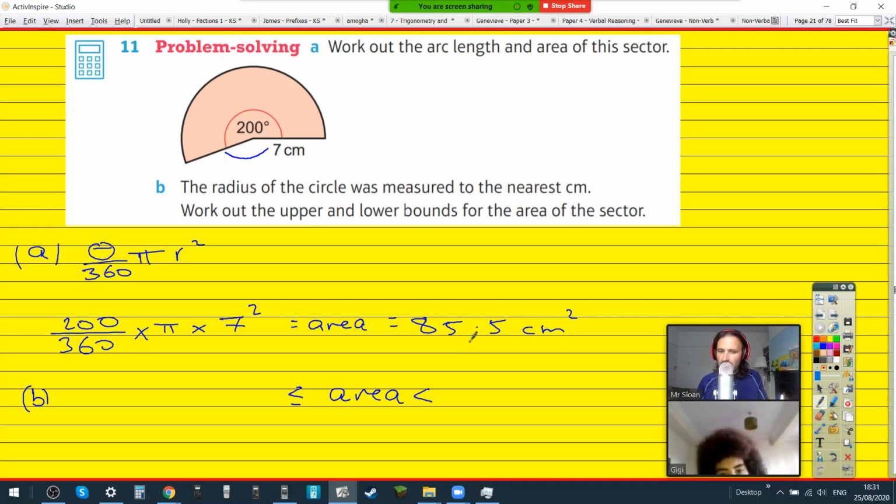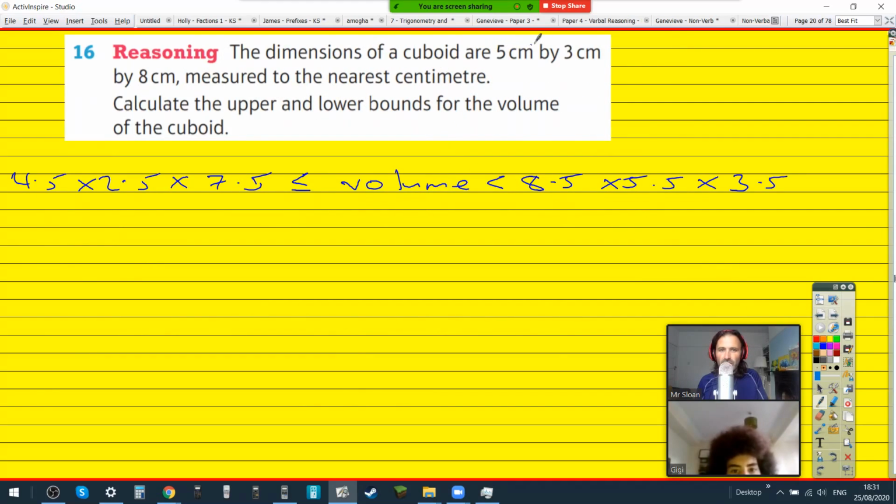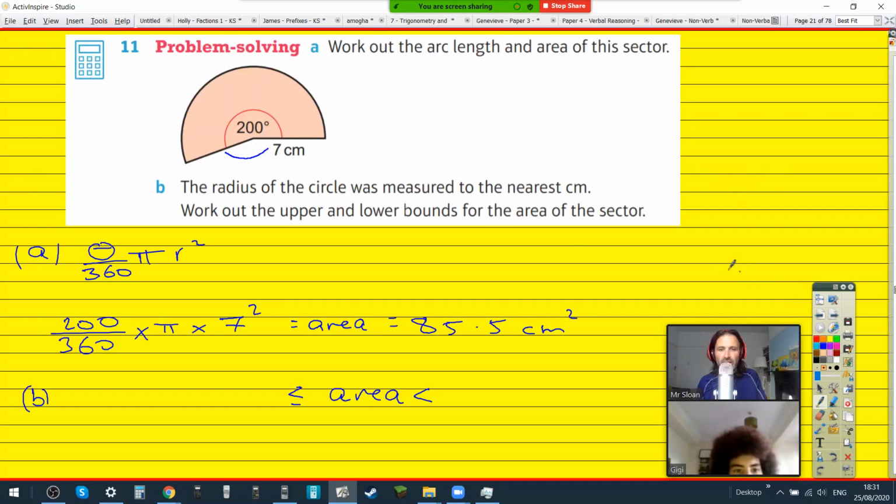Doesn't work that way. Otherwise, we could have done that with everything beforehand. It's not the volume that was rounded; it's these lengths that were rounded. So we unrounded them. This one, the area wasn't rounded; the radius was.